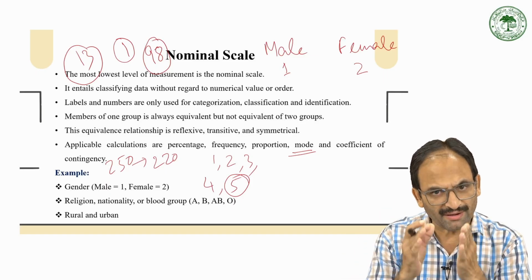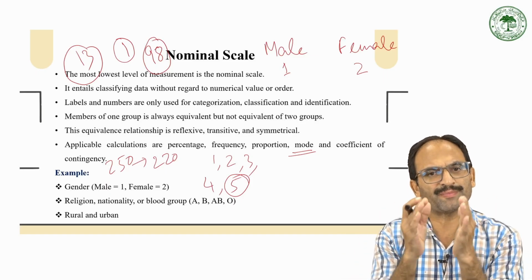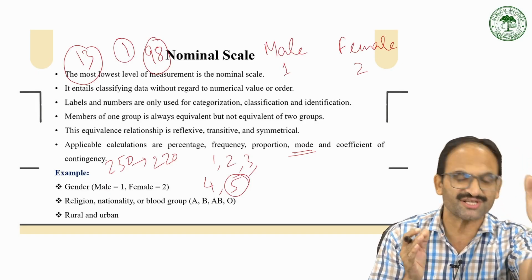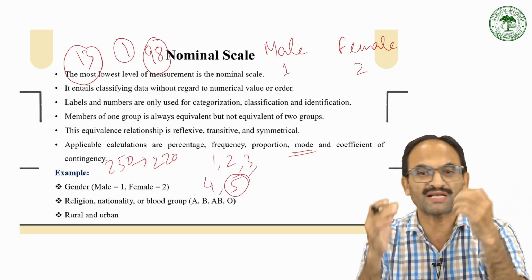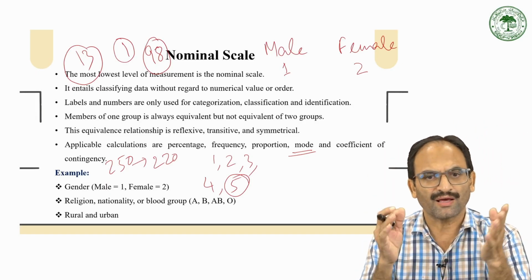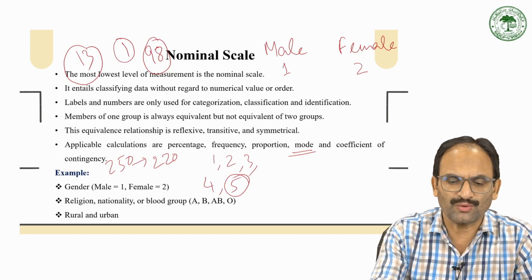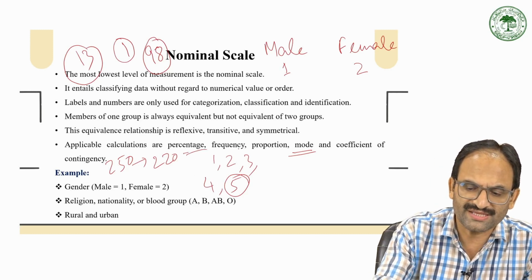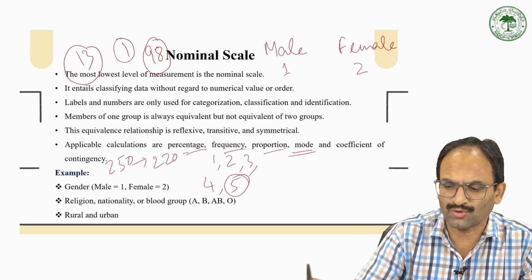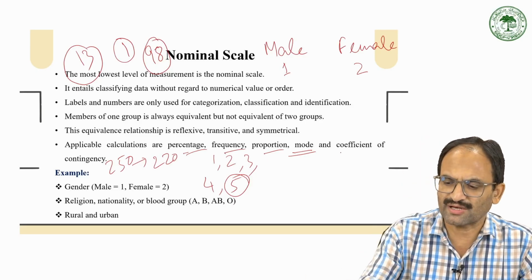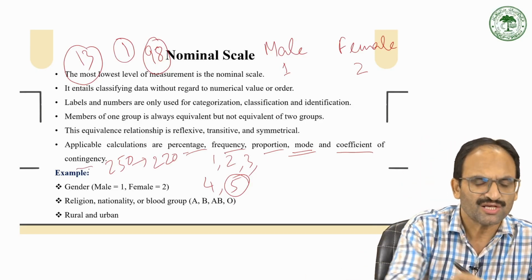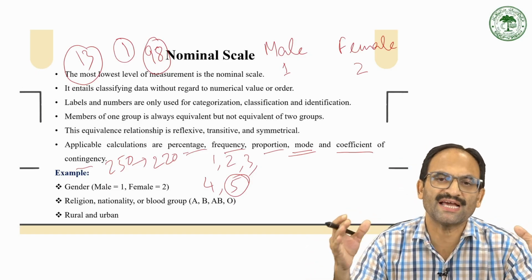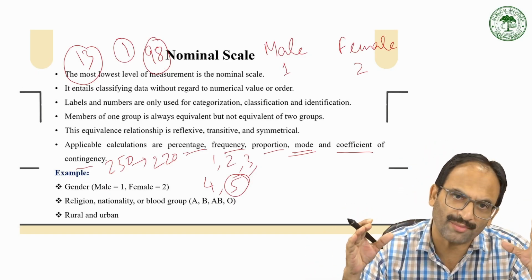Remember, I am repeatedly saying, our purpose is just identification, categorization and classification, and for that we calculate percentages, sometimes frequency, sometimes proportion, and sometimes coefficient of contingency. These are the best calculations the moment data has been collected on the nominal scale.